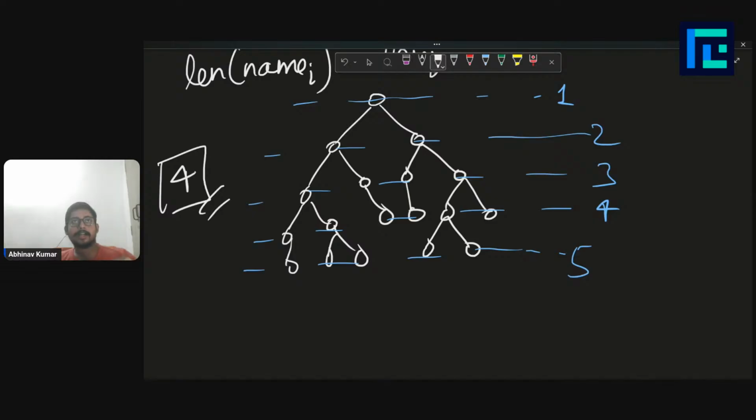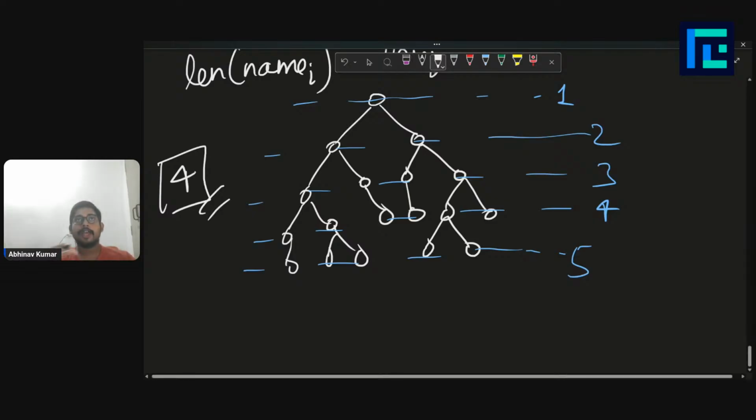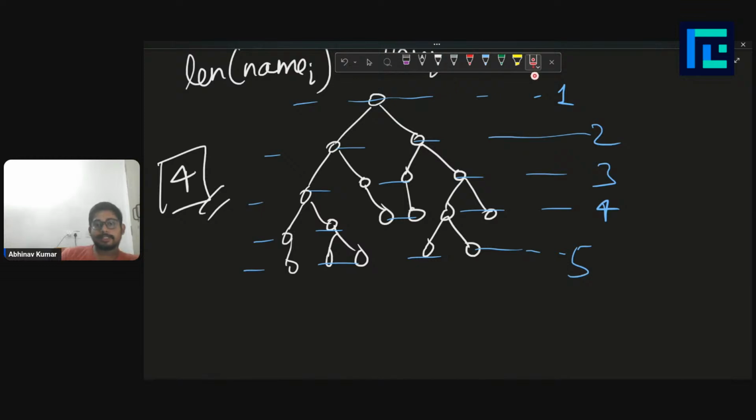Let's try how we can make 4 our LCS. What would be required to make 4 our LCS? That means in order to make whatever string you get here the only LCS, these two strings should be exactly the same, and this should come as a subsequence in these strings.